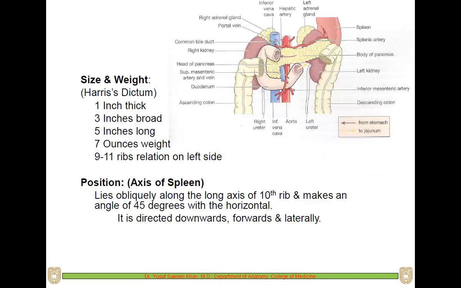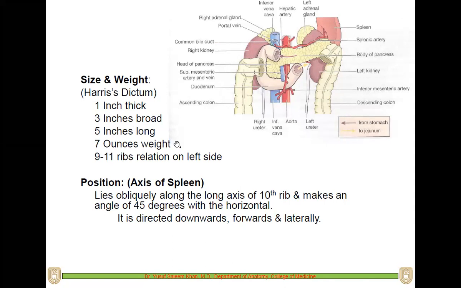What is this? The spleen is 1 inch thick, 3 inches in breadth, and 5 inches in length. So it is 1 inch by 3 inches by 5 inches. That is the size of the spleen.